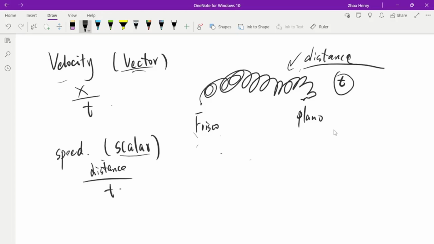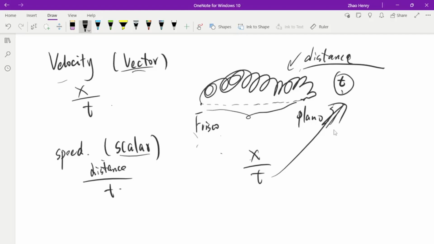Your velocity is equal to x over t. The t is still this t, because this is the amount of time you took to travel from Frisco to Plano. However, the formula for velocity is displacement over time. Your displacement is still the straight line between Frisco and Plano.